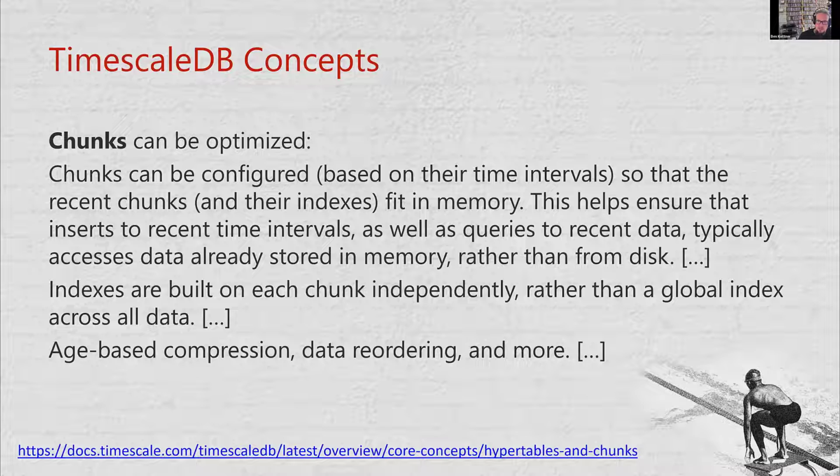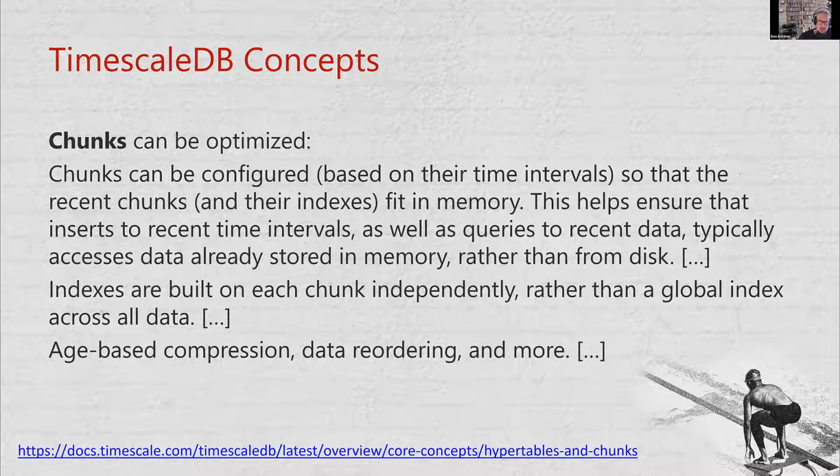And indexes are built on each chunk independently, meaning that you can have different indexes for recent data, where you would probably be more likely to retrieve point-in-time data, whereas for older data, where you would be more likely to retrieve aggregated data, you would have other indexing strategies.